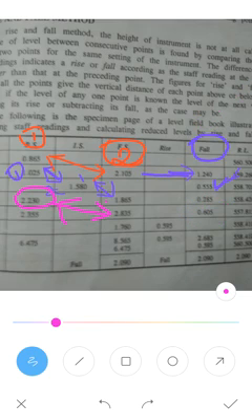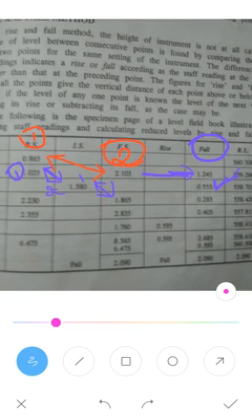As soon as you finish this, you should not go in this fashion, a straight movement like this. Every time, in this direction only, you have to do the subtraction. Every time you have to do subtraction only.